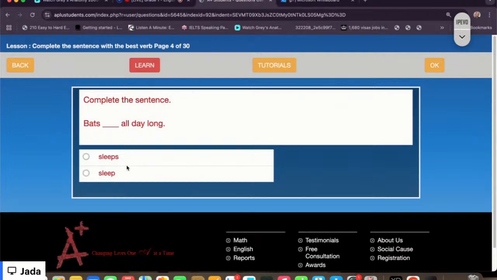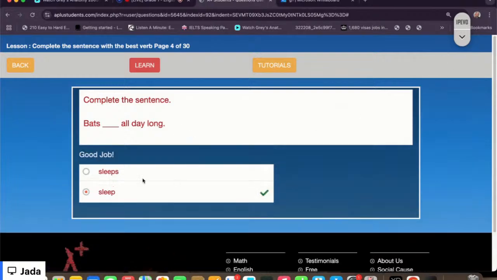Okay, so bats is more than one, so it'll be what? Bats sleep all day long.